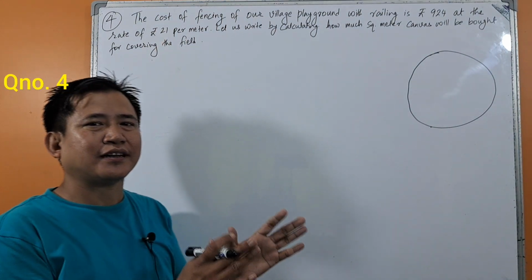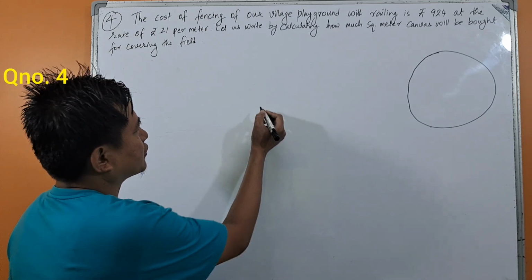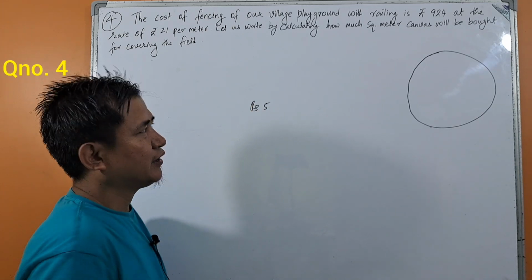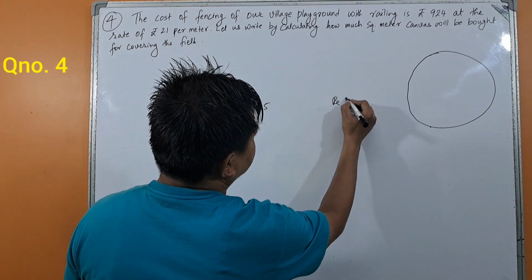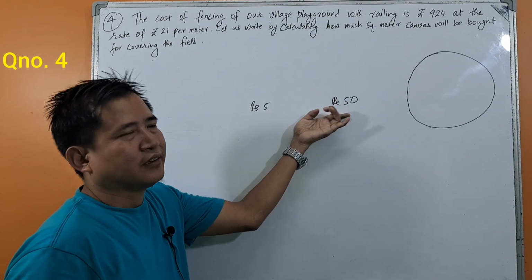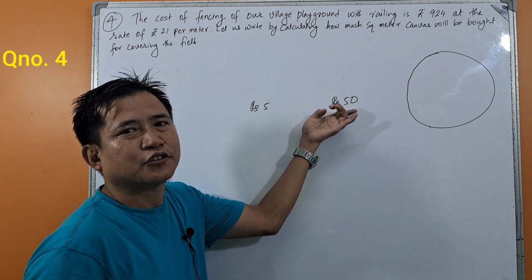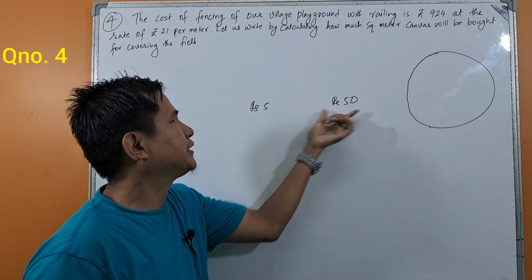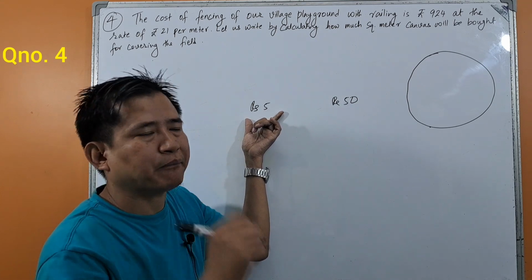To understand this concept, let's understand this first. Suppose the cost of one apple is rupees 5 and we have rupees 50. So how many apples can be bought with rupees 50 at the rate of rupees 5 per apple?